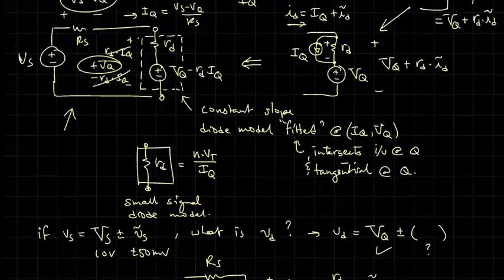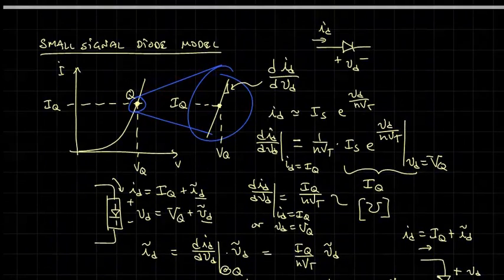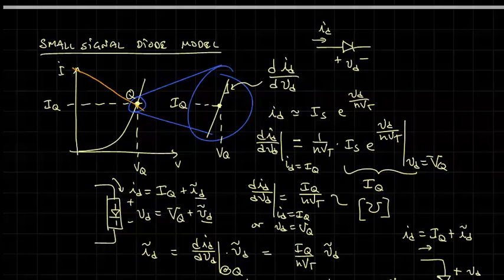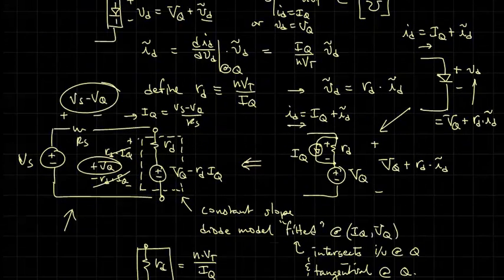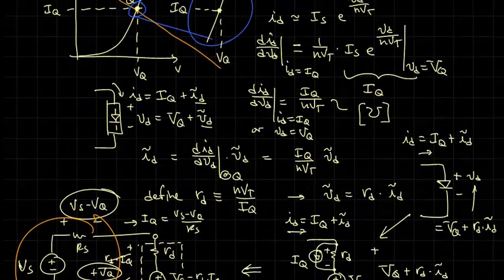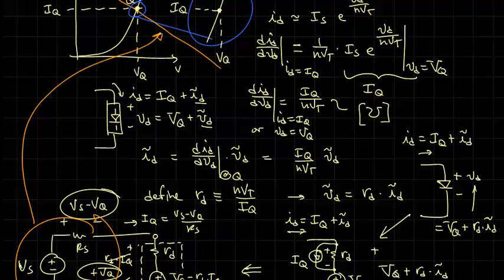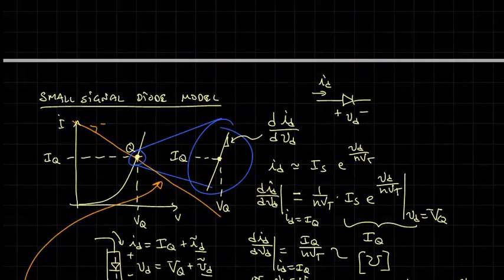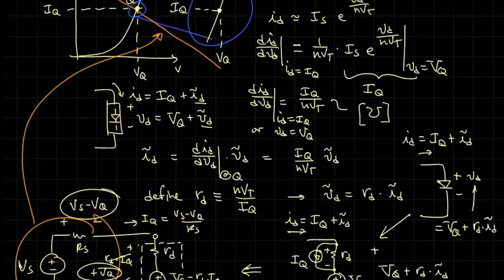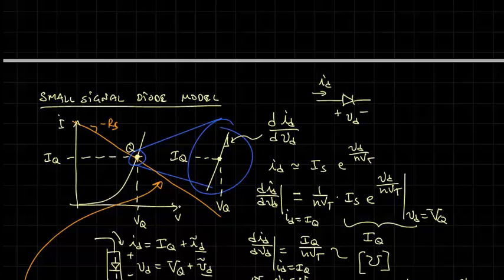And what we're physically doing is, think of this curve. What really is happening, if you are familiar with the load line, let me draw the load line for this circuit right down here. The load line has a slope of minus 1 over RS.